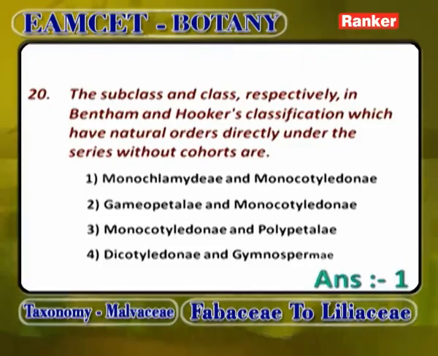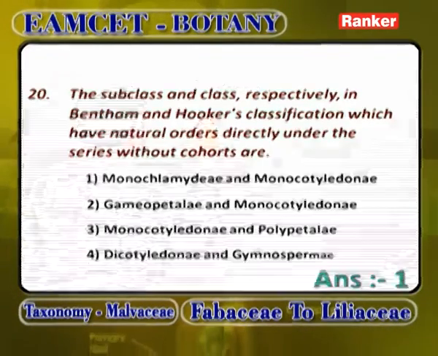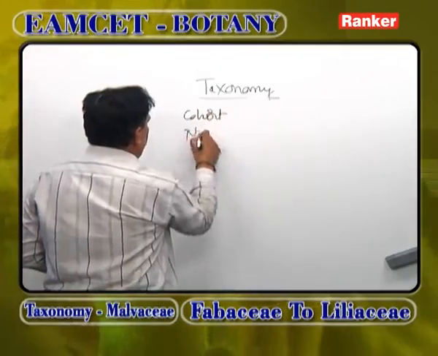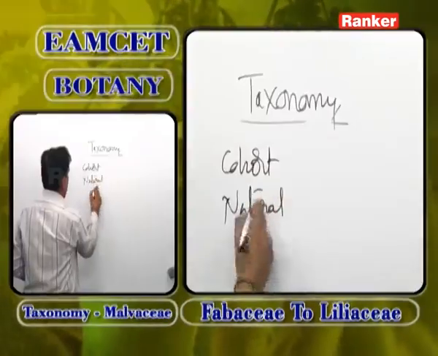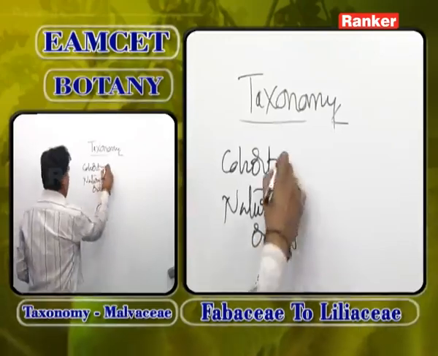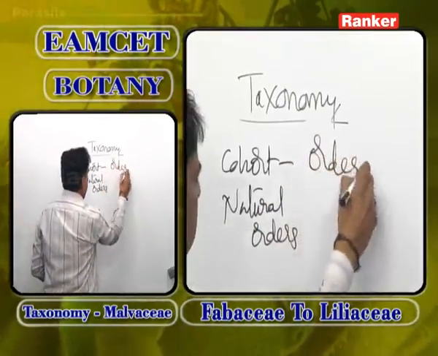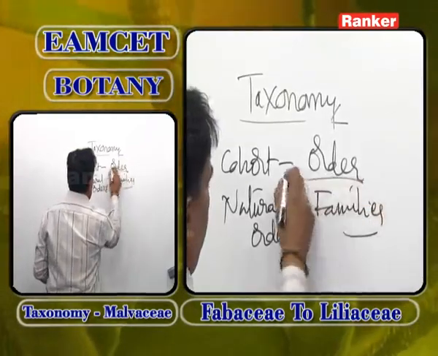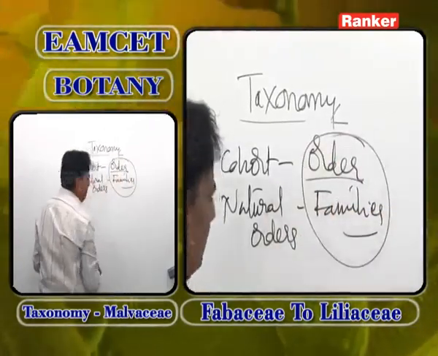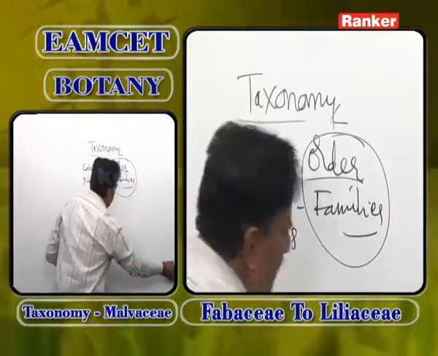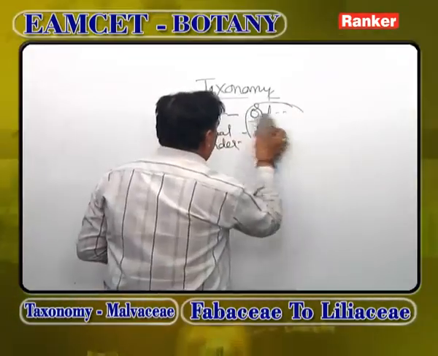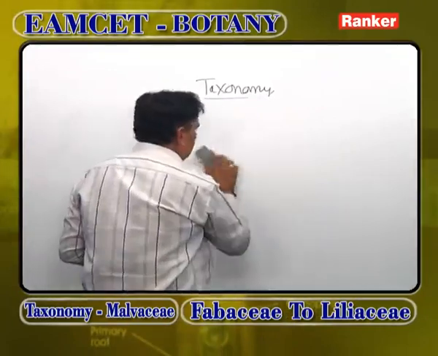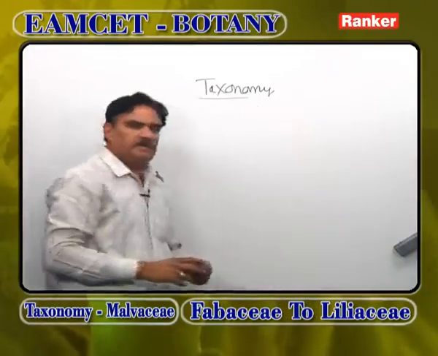Bentham and Hooker use 2 words, cohort and natural order. These cohorts are nothing but orders, and these natural orders are nothing but families. Order and family are not used by Bentham and Hooker. They used family in the name of natural order, and order in the name of cohorts.